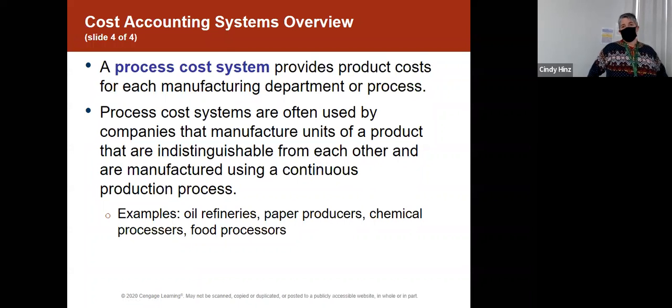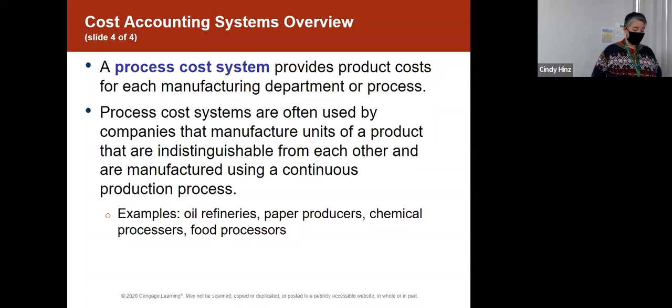Some companies really don't even have the option of using a job order costing system because they follow a continuous process. In particular, companies with liquids, where everything is blending together. You can see the example on the screen here of an oil refinery.